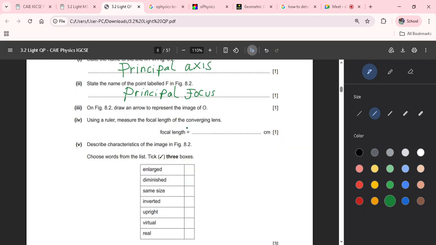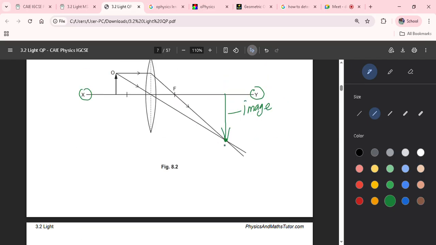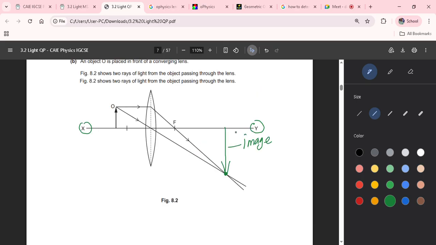Okay, next one. On figure 8.2, draw an arrow to represent the image of O. This is O, and the image of O is this. This is the arrow. The arrow is going down because the image is inverted, bigger, and also real.